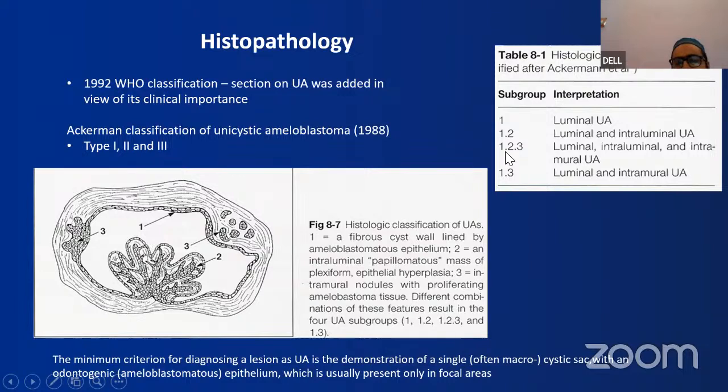Subgroup 1.2.3 includes 1.2 plus mural proliferations, and subgroup 1.3 includes luminal and intramural ameloblastic proliferations. So in all of these, the mural ameloblastoma, which is seen in the cystic capsule, is the more aggressive form, and its treatment is different from that of the luminal or intraluminal type.